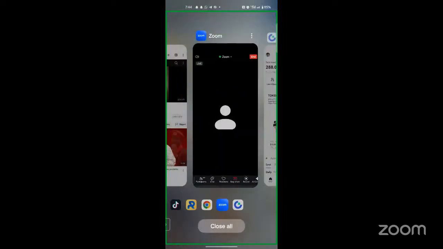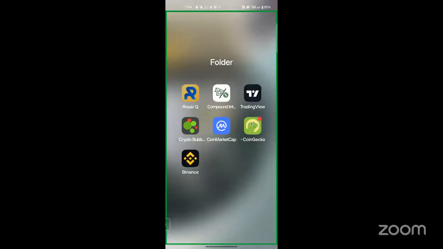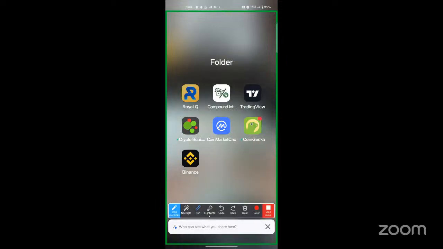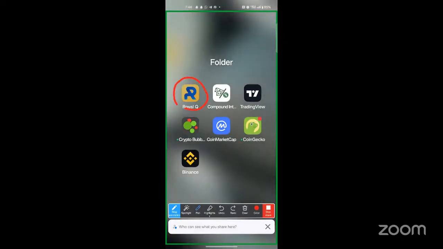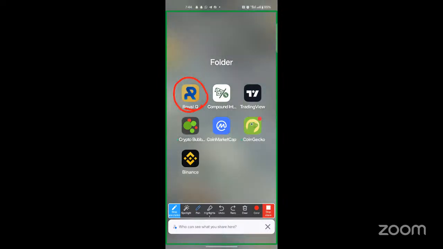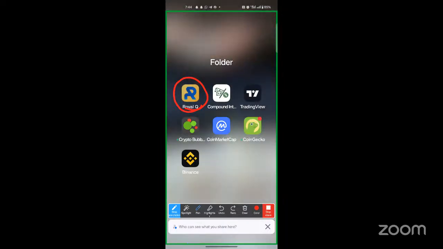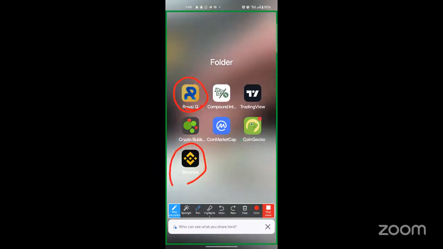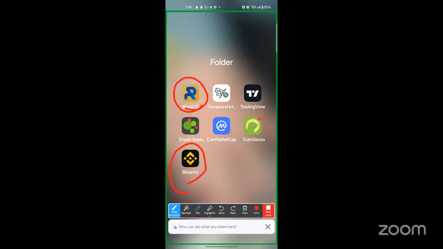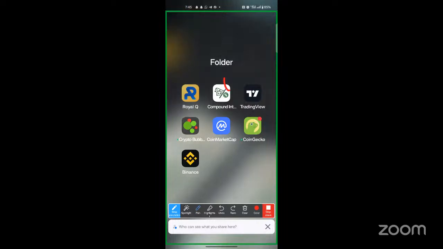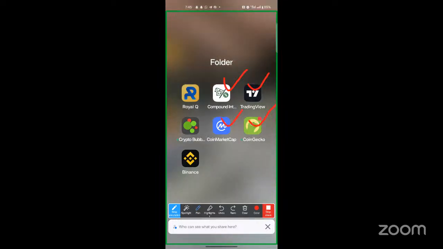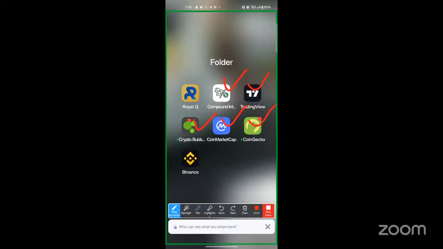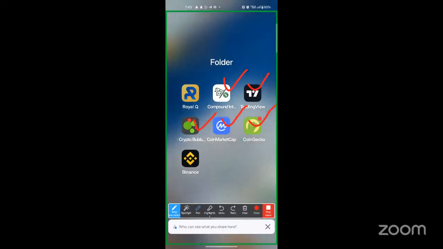Apart from the platform that is trading for us, if you are using an Android device, you have Royal Q, you have an exchange. I basically believe, like I've said before, you also need these other tools to help you win better.